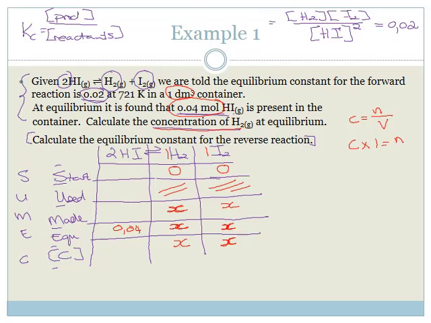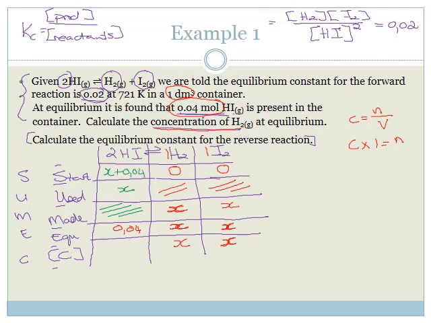Right. Now let's look at our hydrogen iodide. Obviously, we didn't make any hydrogen iodide, but we did use up hydrogen iodide. What did we use up? We used up X. So obviously we started with X plus 0.04.